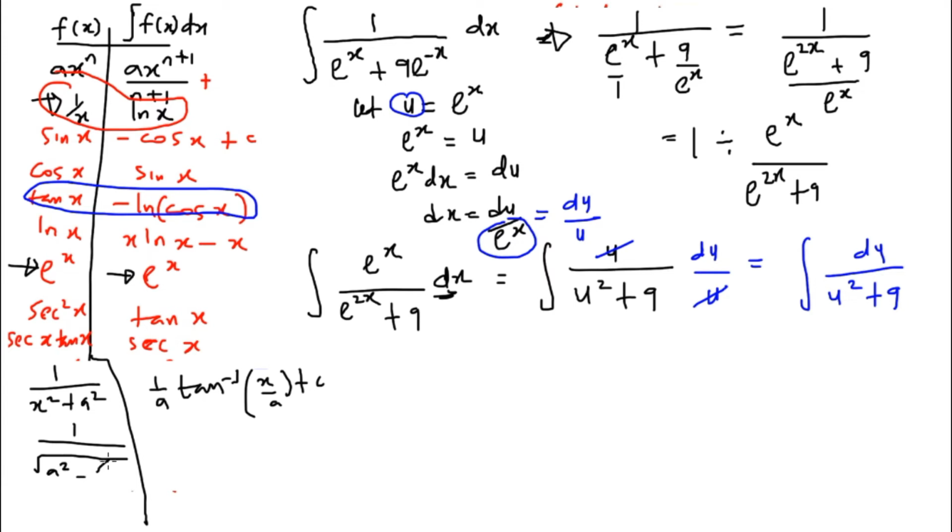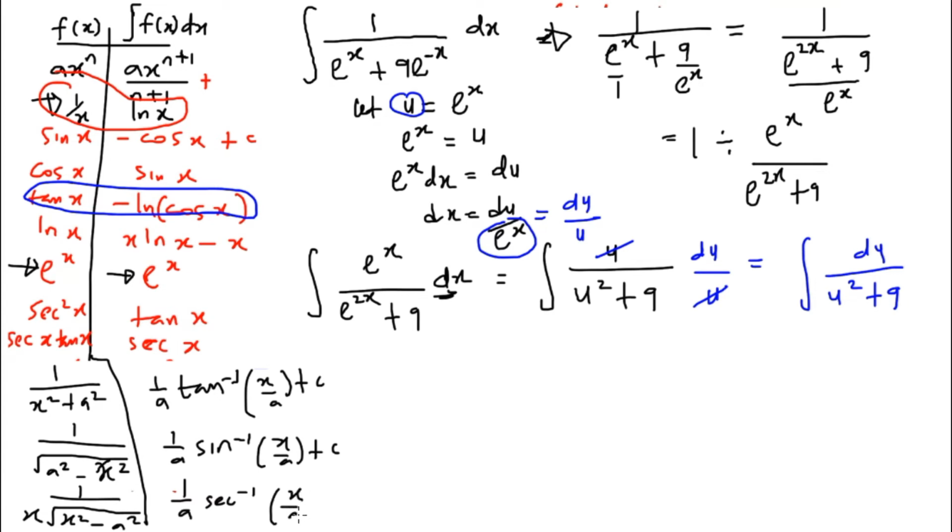These are just standard integrals. That will be arcsine of x over a plus c. Also, if you have 1 over x root (x squared minus a squared), that will be 1 over a arcsec of x over a, then plus c.